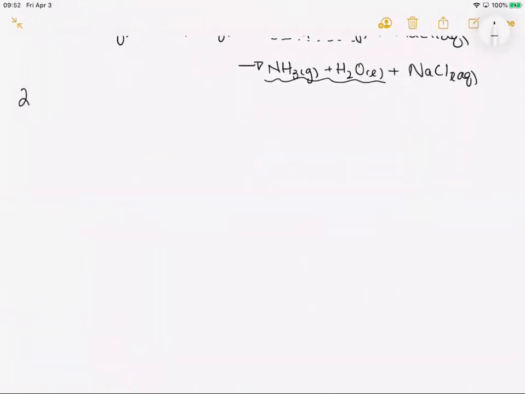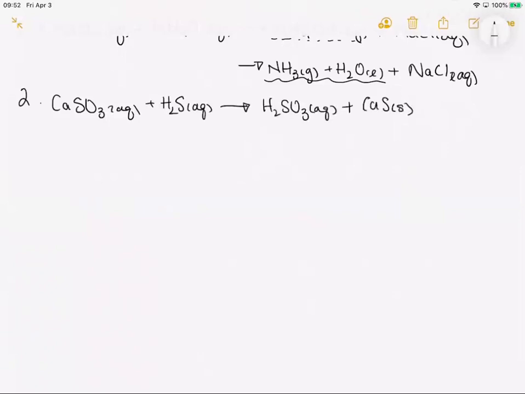Okay, on to the next one. If I have calcium sulfite plus hydrosulfuric acid, when I crisscross them, I have sulfurous acid being formed, and I have calcium sulfide. And this is actually, when you look on your solubility guidelines, a solid precipitate.